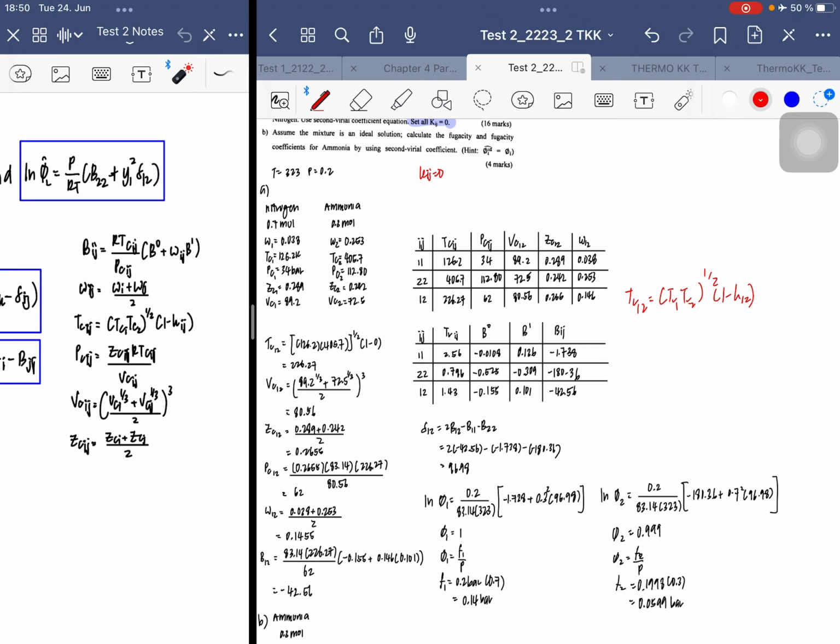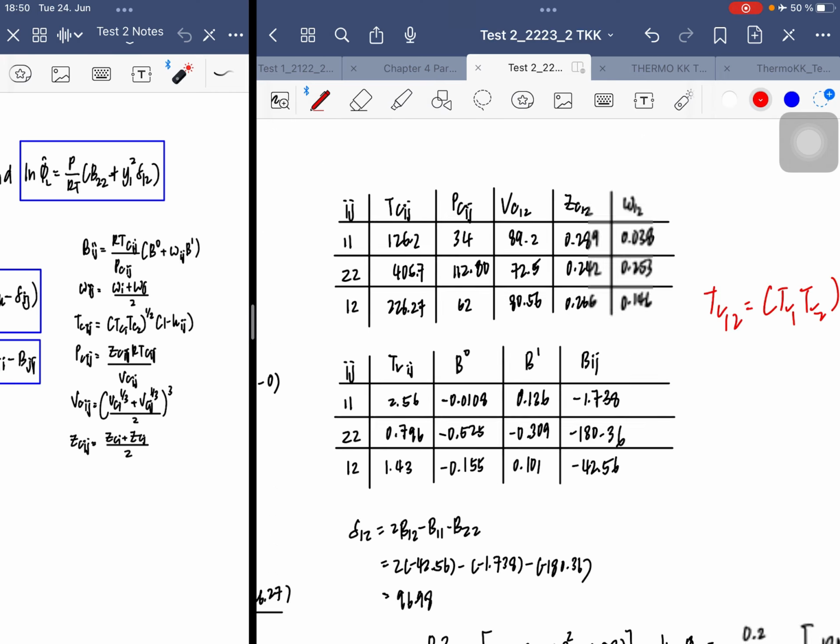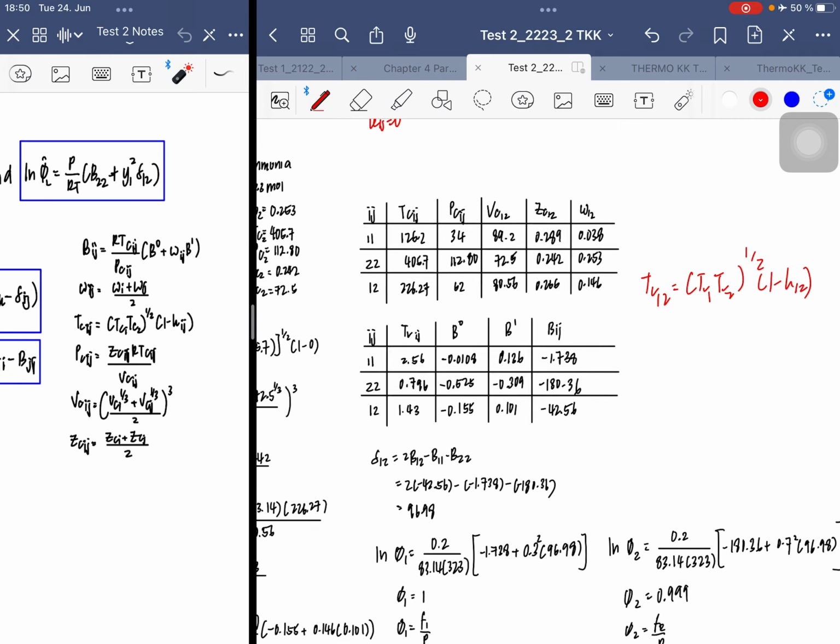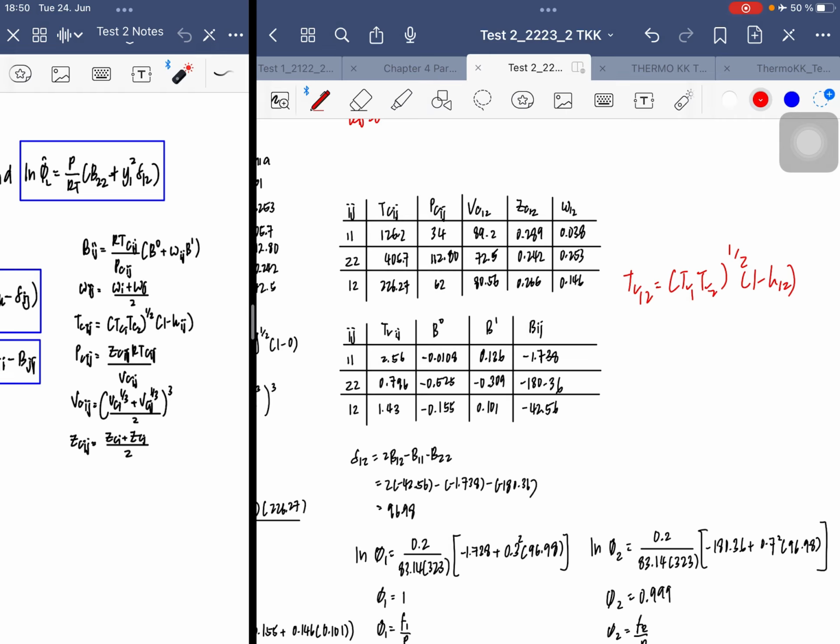Let me just try if I can get the value 323 over 226. Is this 226? 226.27. Or 2.56 times 796 to the power 1 over 2.